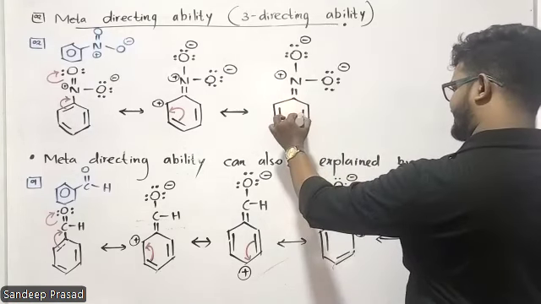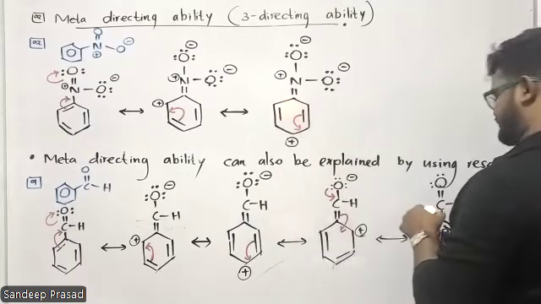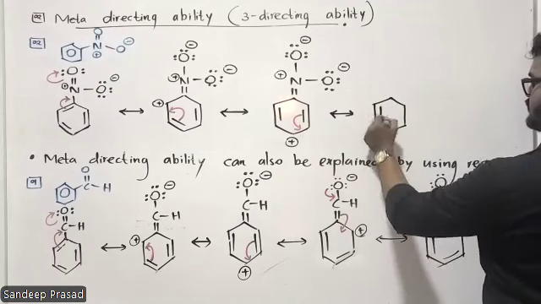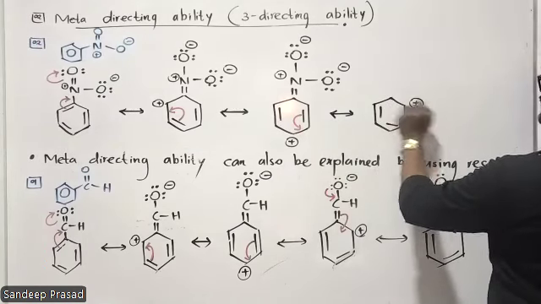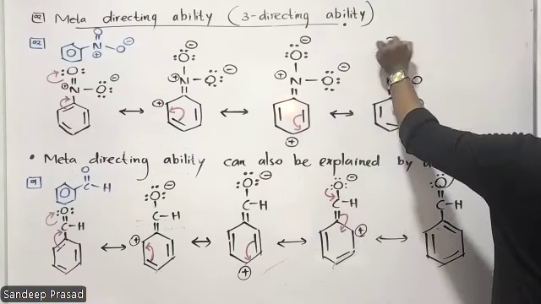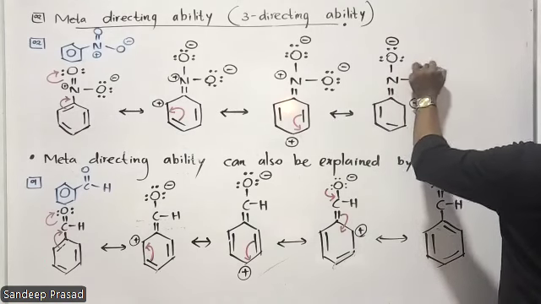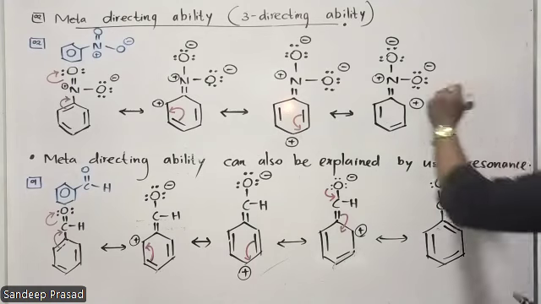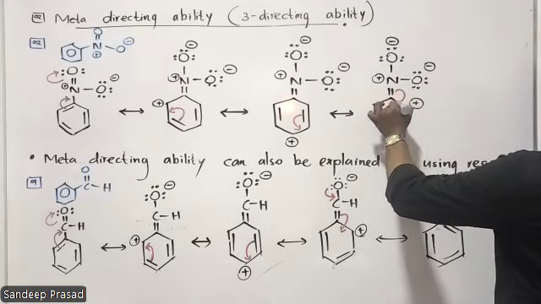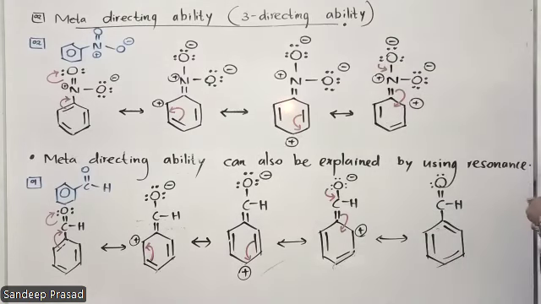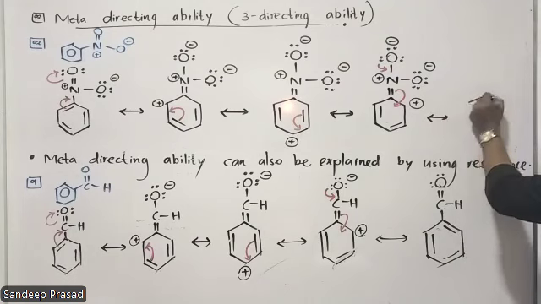Then again, in order to fill the electron deficiency here, this bond is breaking. What is the next step? Now, this electron is giving for this bond, and oxygen is giving electrons for the hydrogen atom in this way, making double bond like this.